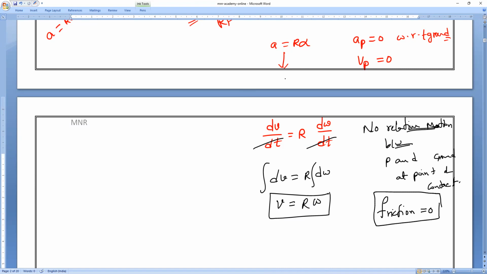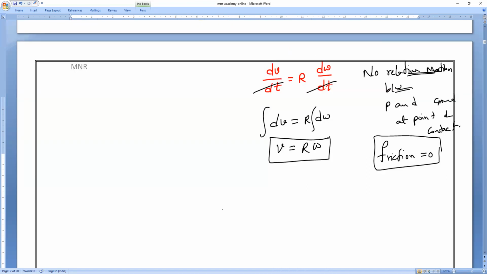When a is equal to r alpha. Remember, these three cases are very important. If acceleration is less than the tangential acceleration, that is r alpha, then keep in mind the body is ready to move. It is not moving, it is ready to move, so it is not in motion. So what friction is it? Static friction, of course, and the acceleration at the point is 0. It is ready to move, so it is not in motion. It has an angular velocity, so it is ready to move.